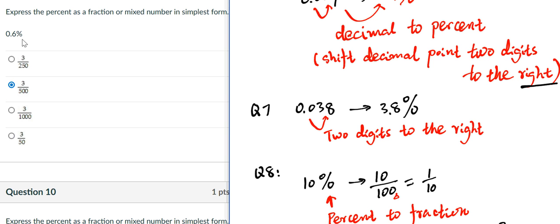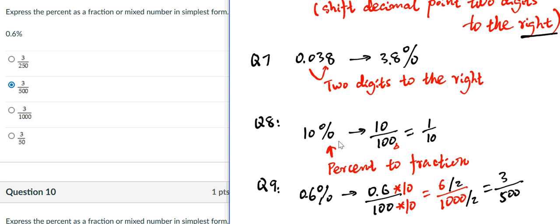So this one would be the same. 0.6% is 0.6 divided by 100. Then you would multiply by 10 upstairs and downstairs. So you then have 0.6 times 10, which is 6, and 100 times 10 is 1,000. You then divide by 2 upstairs and downstairs, because 6 divided by 2 is 3 and 1,000 divided by 2 is 500.